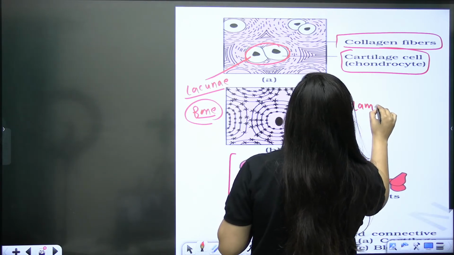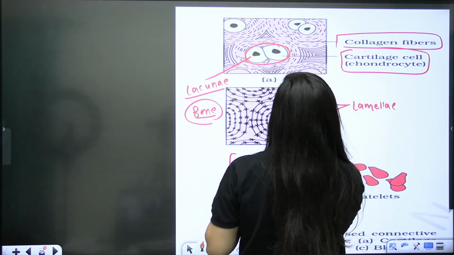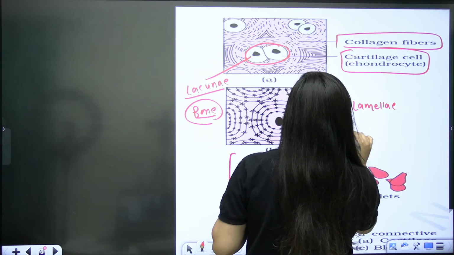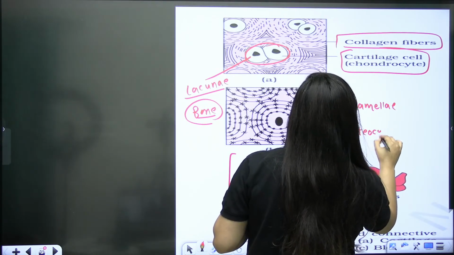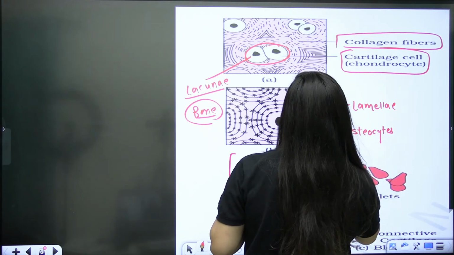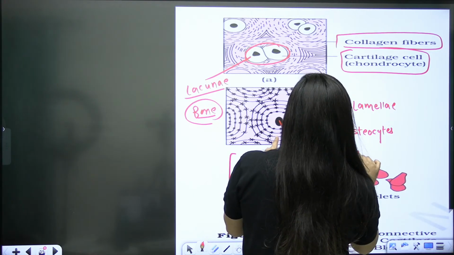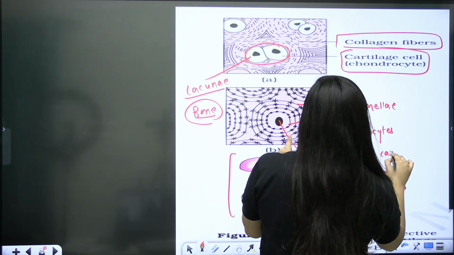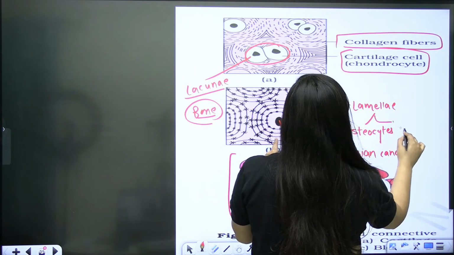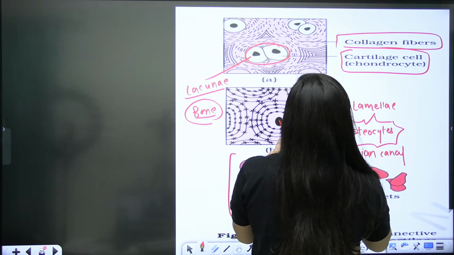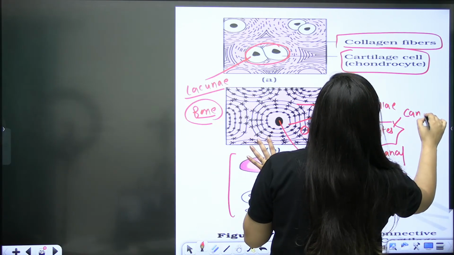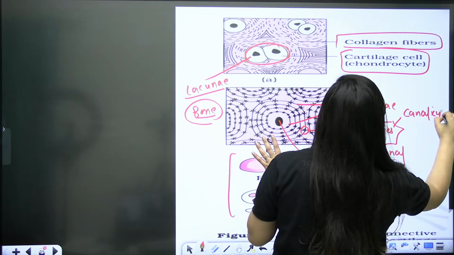See, these layers are lamellae. These cells are osteocytes. Right, bache? And this middle part is the Haversian canal. And around the osteocytes, you know that extracellular matrix is there, and we also use the word canaliculi for it.